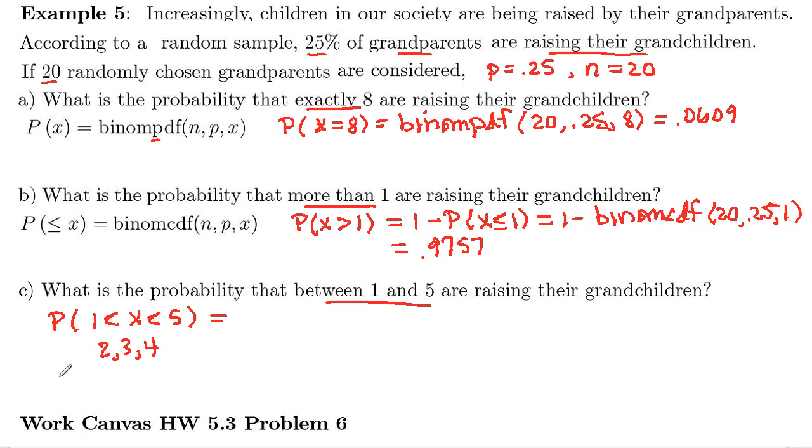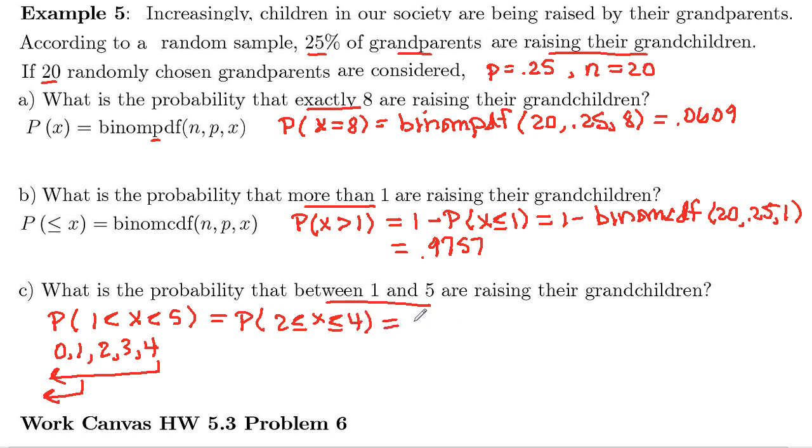And we don't want to include 0 and 1. So we're going to do the probability X is less than or equal 4, and then we'll subtract off the probability that X is less than or equal 1, and that'll leave us with 2, 3, 4. So if you want, you can write this as probability that 2 is less than or equal X is less than or equal 4.